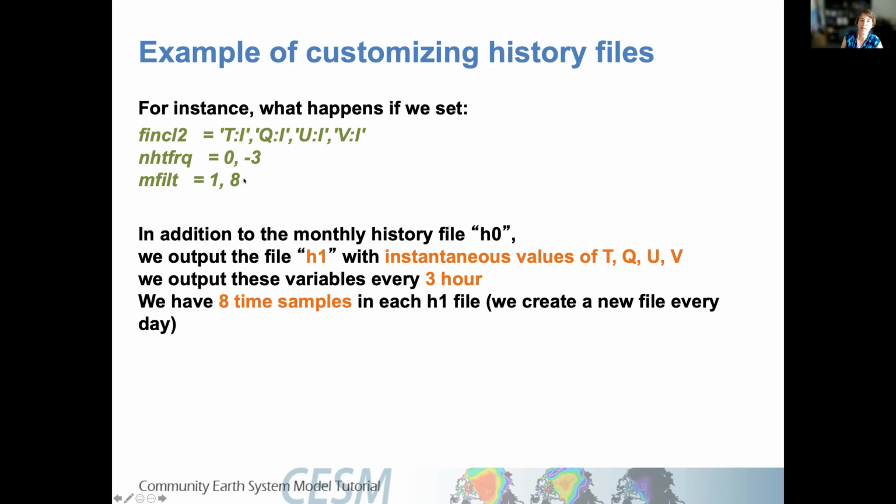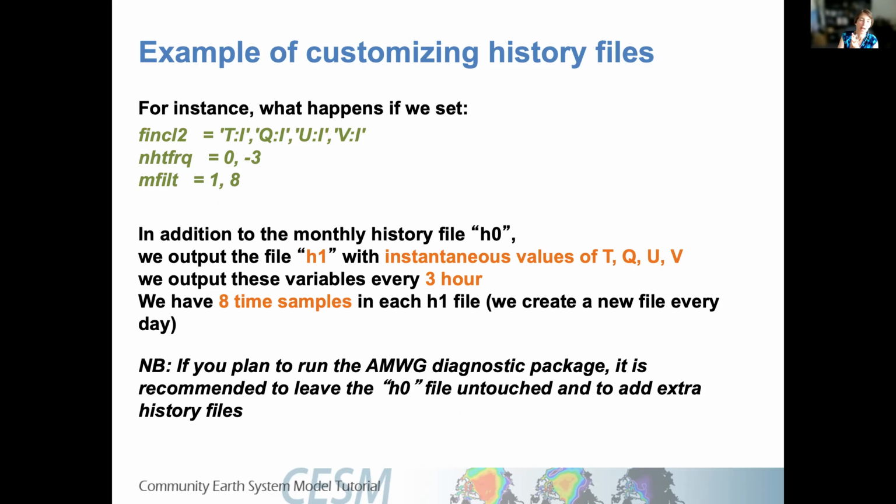It means that we will have 8 time samples in each h1 file, so for every day, we will create a new file. Try it, and I hope this makes sense. And once again, if you plan to run the atmospheric working group diagnostic package, we recommend that you leave the h0 file untouched and add extra history files with other frequencies.